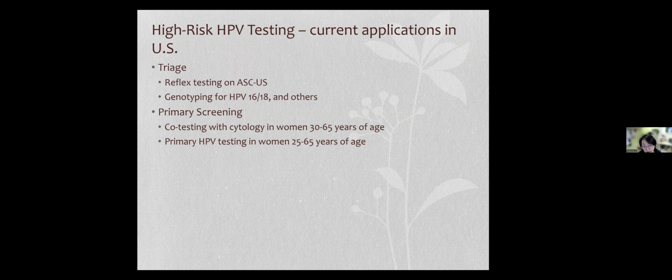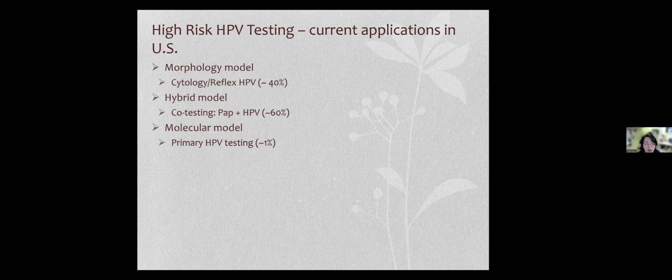You probably are aware from the module we're talking about, that started at 30 years old until 65, and primary HPV testing is now on the rise. The American Cancer Society proposed primary HPV testing from 25 to 65.